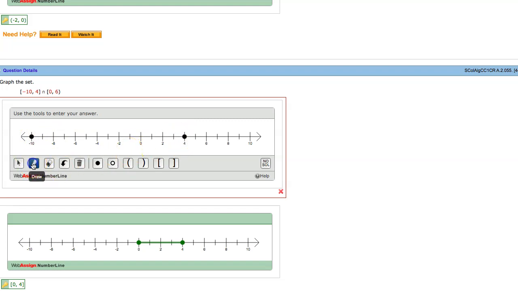Now, let me go ahead and shade. Now, 0 to 6. 0 is here. 6 is here. And let me go ahead and shade.